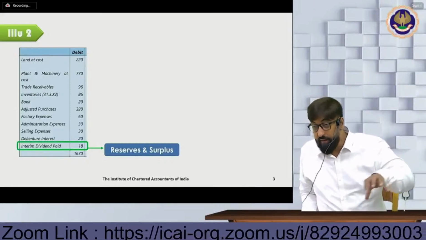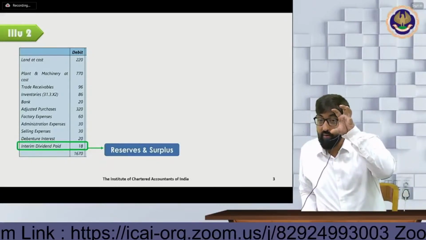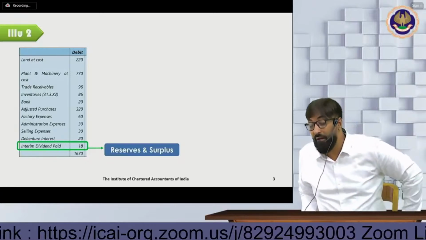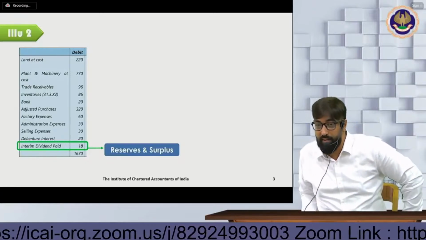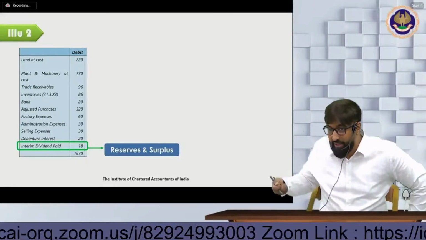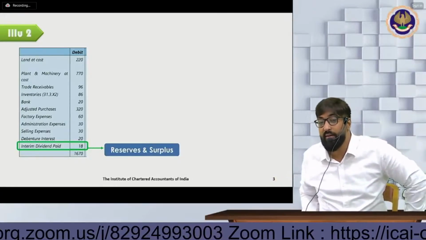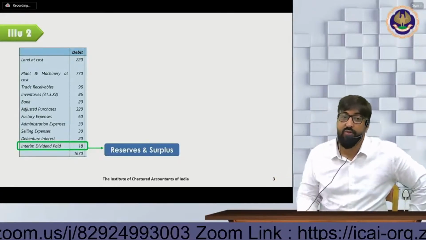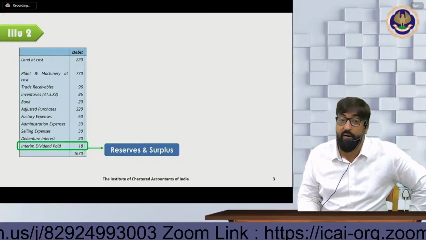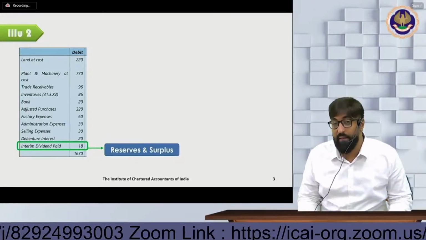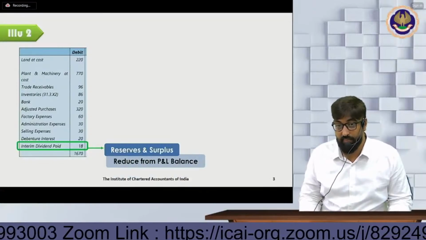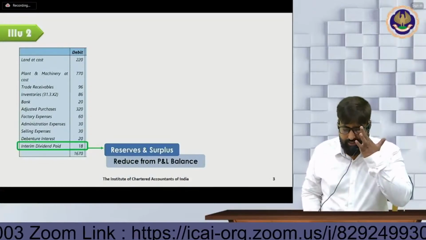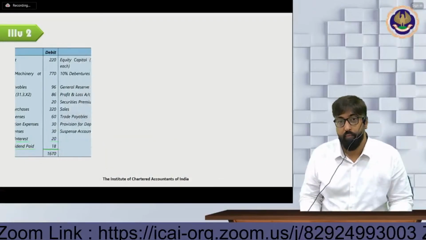Your current year profit you have already calculated using the profit and loss account. After that, in reserves and surplus, when you take it to the balance sheet, you will consider it there. So interim dividend paid, IMP, is deducted from reserves and surplus. Easy? Okay.